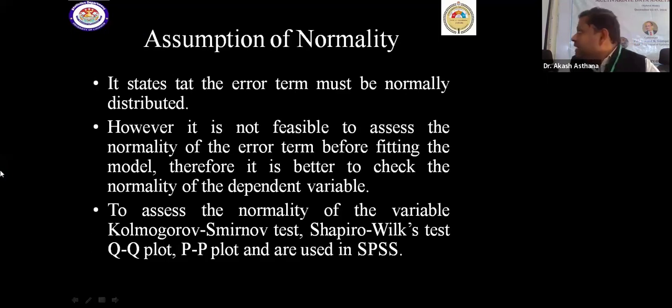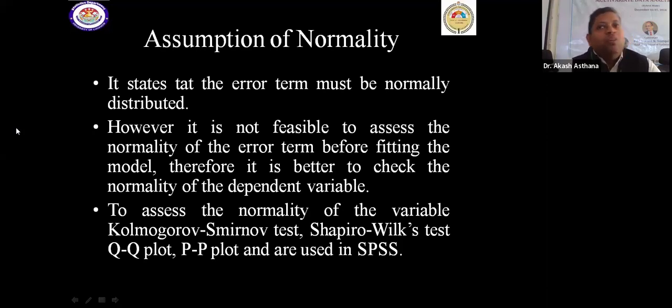Now third one is assumption of normality. Assumption of normality indicates that error term must be normally distributed. But error comes only after fitting the linear regression or after running the linear regression. You cannot obtain error before running the analysis.